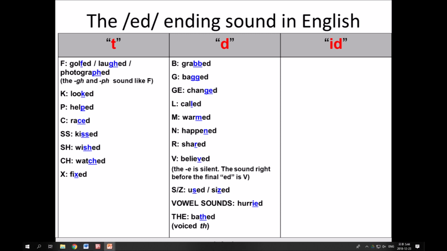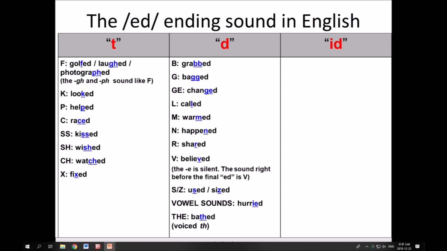Okay, and just a reminder here, it's not only about the spelling, it's more about the pronunciation, the phoneme, the sound, the last sound before adding the ED sound at the end of the word. So here in believe we have an E, but that E is silent. So the last sound before the ED is V, okay? So once again, that's believed.